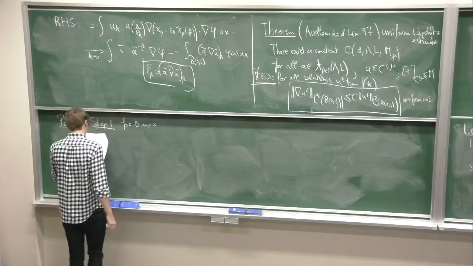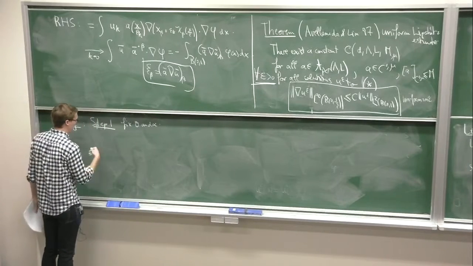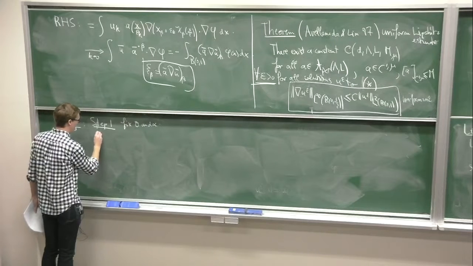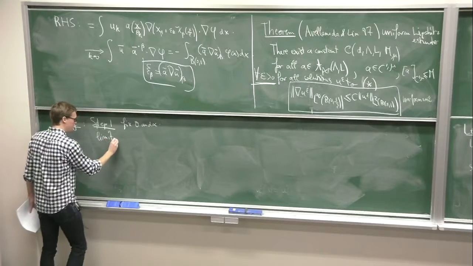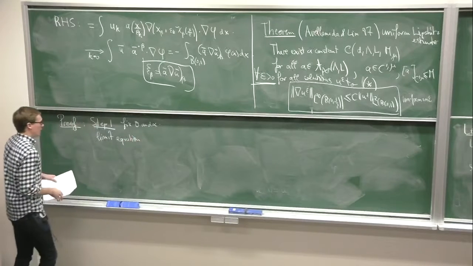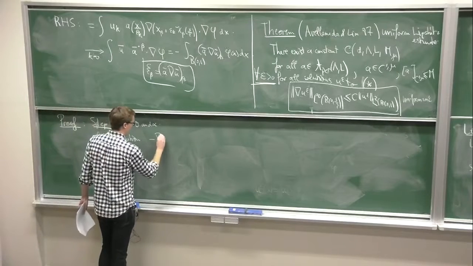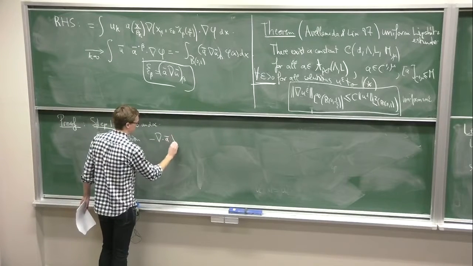So what is the limit equation? We know that u_epsilon will converge to some elliptic problem with some matrix A bar.